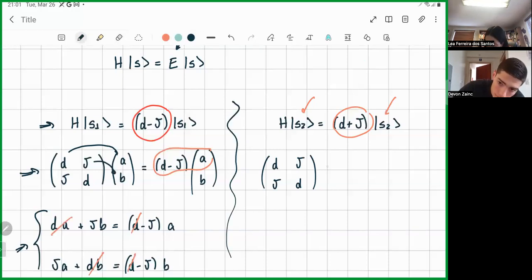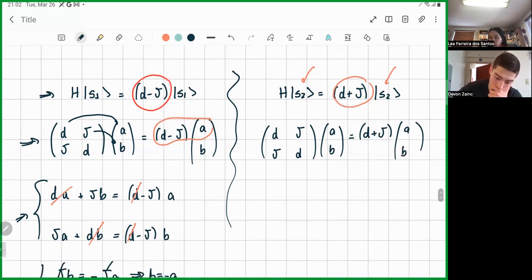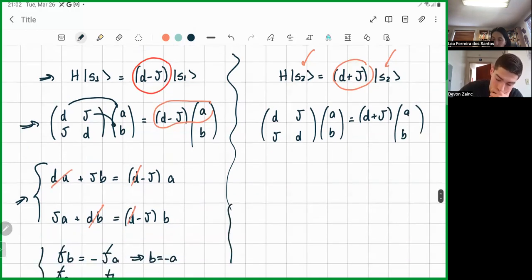So we are going to guess some AB. We are going to use now this product of matrix and vector to try to find this A and this B.